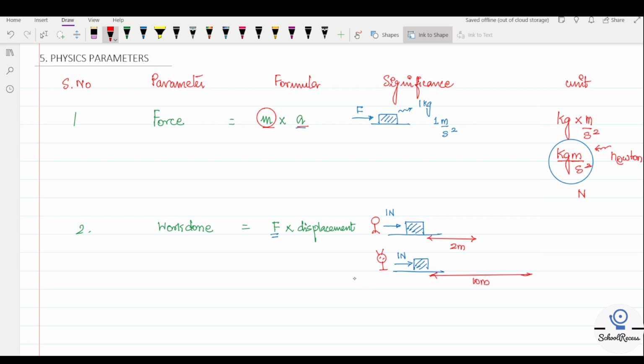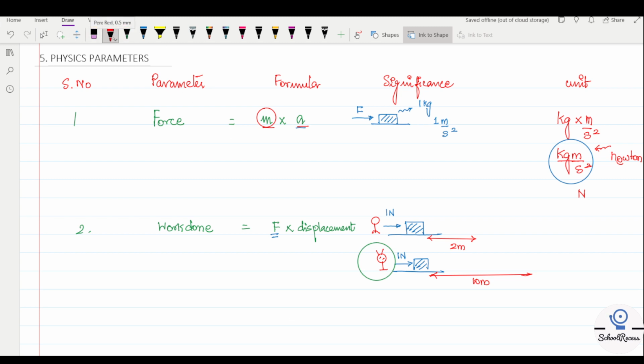Now comes a question: who has done more amount of work? By the formula, work done is directly proportional to the force and the displacement. A person who has created a higher displacement will be doing more amount of work. So significantly, the person two is performing a higher amount of work.